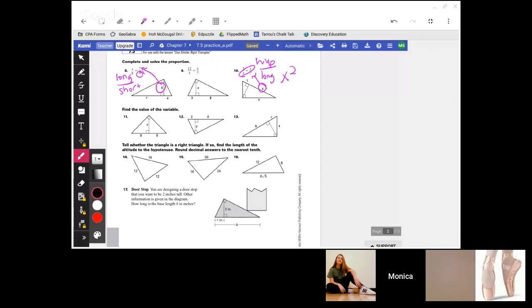Oh, hold on. 4.5 for number 10, Campbell? Yes.